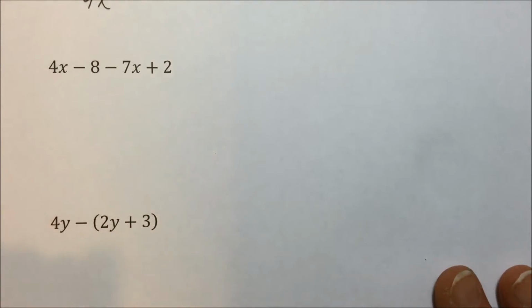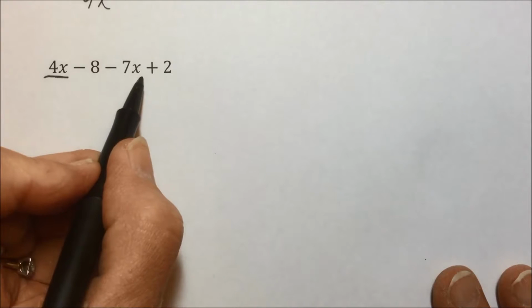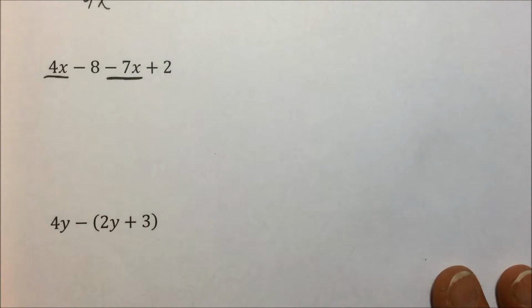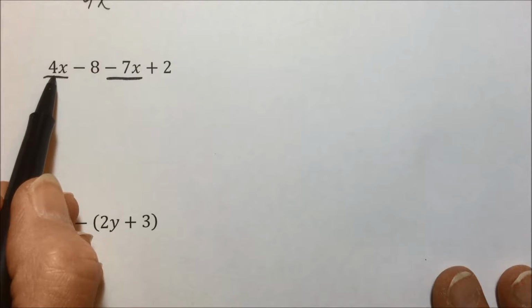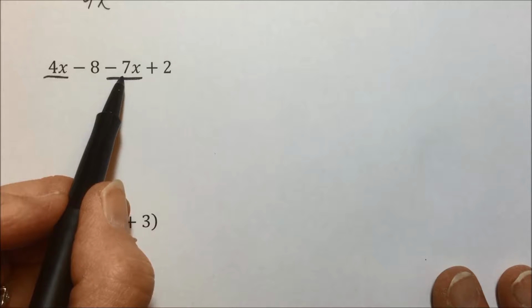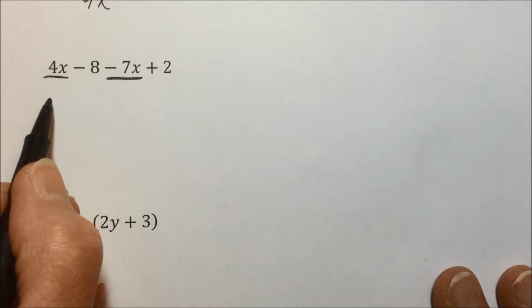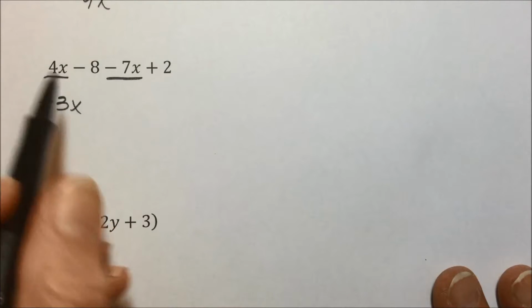In this next problem, we want to combine like terms, and the like terms are terms that have variables exactly the same to the same power, and I've underlined the similar terms that have x. In this case, we have 4 minus 7, or 4 plus a negative 7, is a negative 3x.